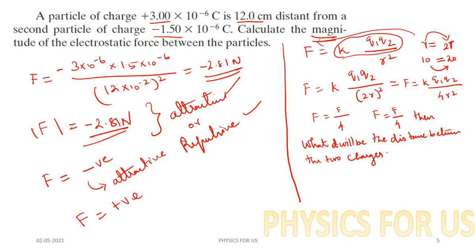If we got it as positive 2.81 Newton, then this will be the repulsive force. Please remember, this is the most crucial point.